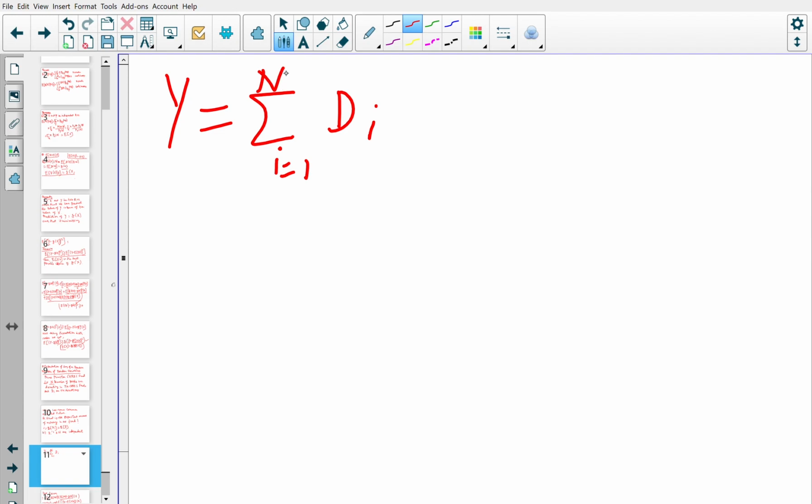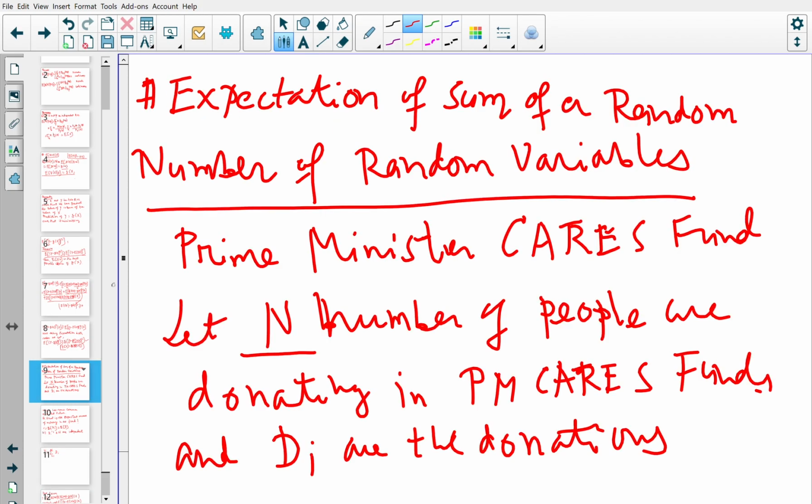If capital N is a number, then this gives you a sum of random variables for which you already know how to find the expected value. But when capital N is a random variable, this gives you a sum of a random number of random variables, which is the expected sum of a random number of random variables. Okay, clear?